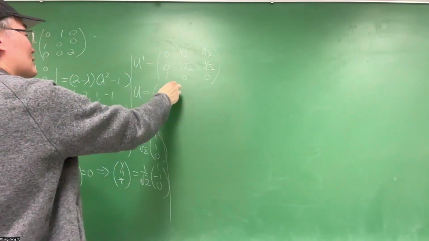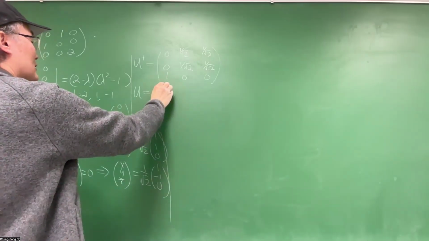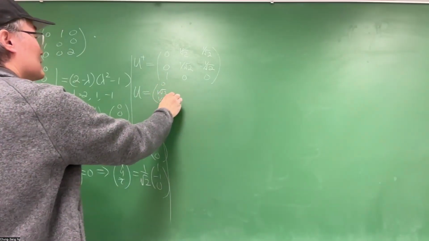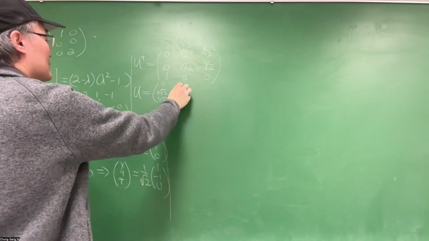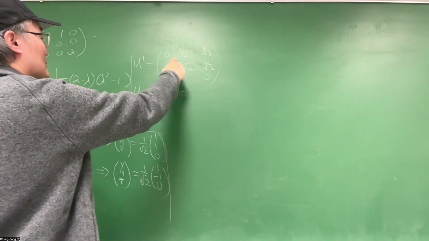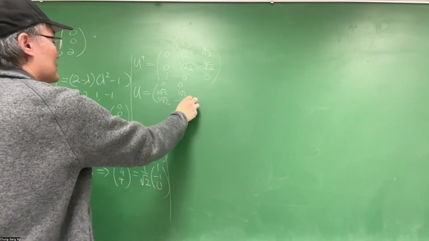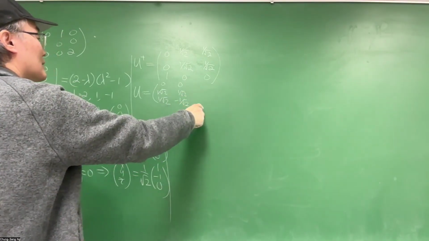So we take the transpose, which is 0, 1 over square root of 2, 1 over square root of 2, 0. Right. And this one is minus 1 over square root of 2. Right.